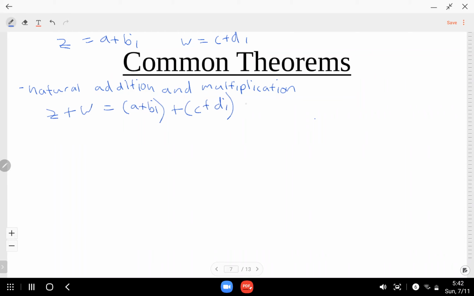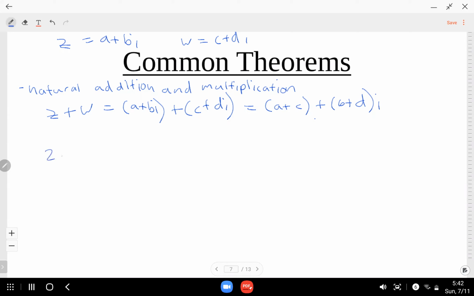So what we're going to do is a plus c, adding these constants together, plus b plus d, and they're bound by i, this factor. So that is the factored form, the simplified form. That is the natural addition of complex numbers. That is a pretty useful technique when you're adding or multiplying them.